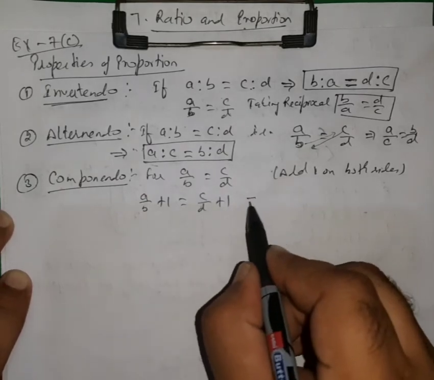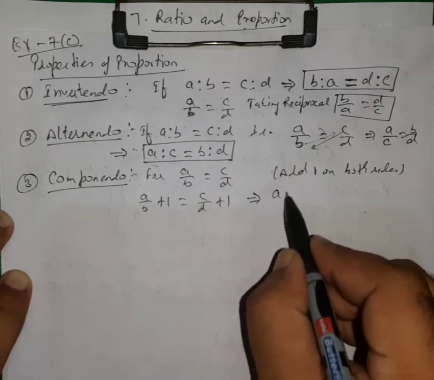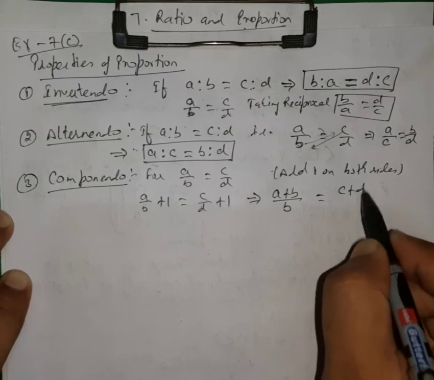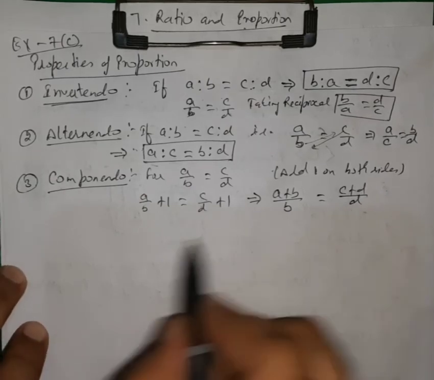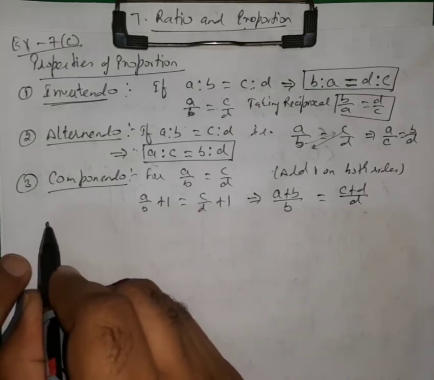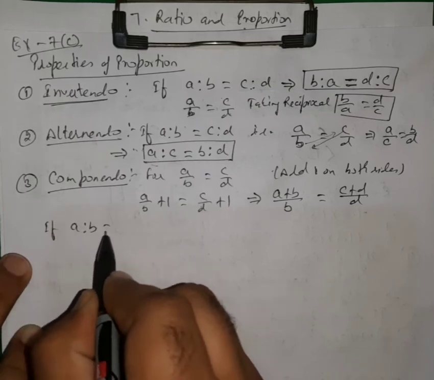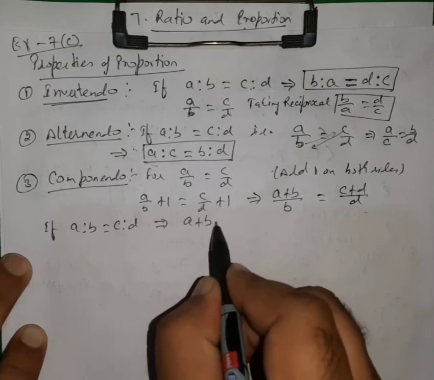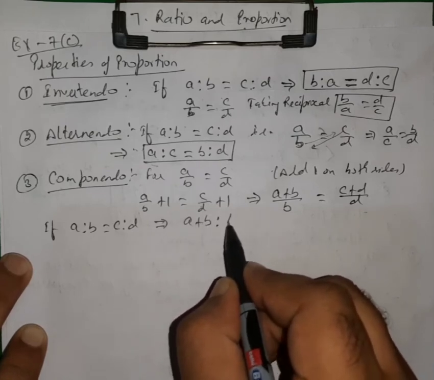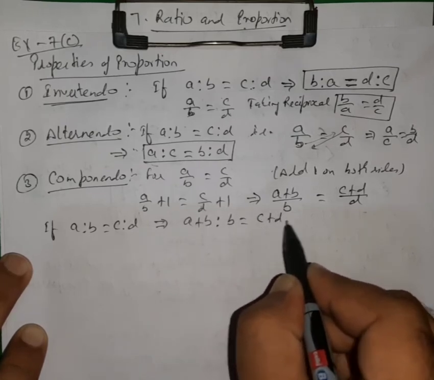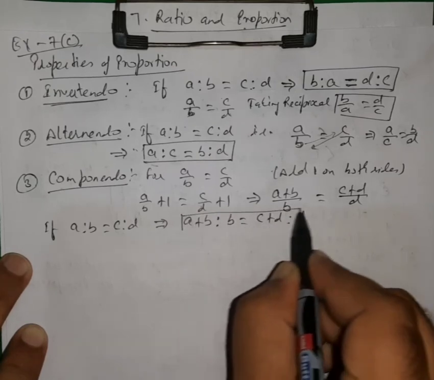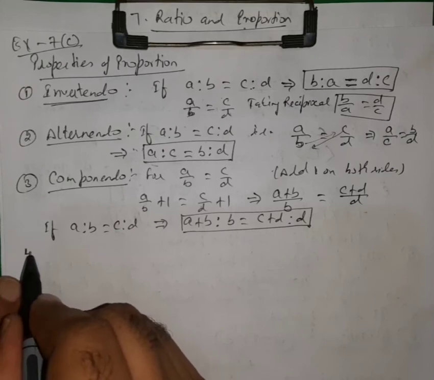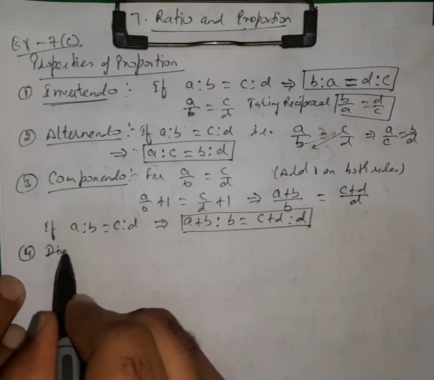Now if I take the LCM, this will be A plus B over B is equal to C plus D over D. This property is called componendo. So if A is to B is equal to C is to D, then A plus B is to B is equal to C plus D is to D. This is called componendo.